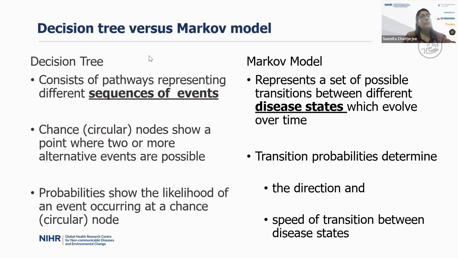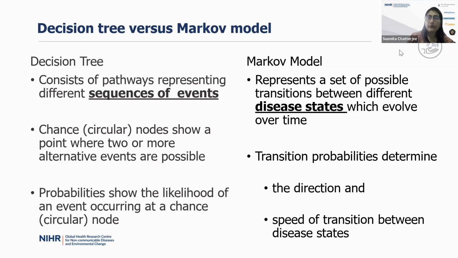If you go with the decision tree model, you have to look at the literature and see what proportion of patients may have the severe case, or what proportion will go from a mild state to a major state, or from the major state back to the mild state. All this information you need to gather from the literature review.